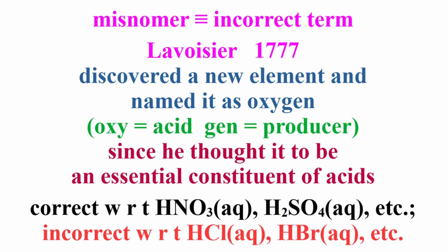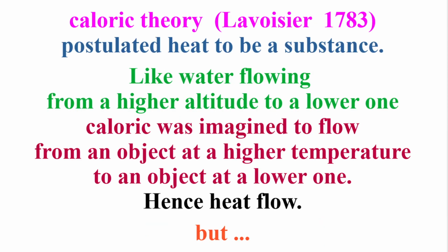Although this is correct with respect to all oxyacids such as nitric acid, sulfuric acid, etc., it is not correct with respect to hydrochloric acid, hydrobromic acid, etc. Therefore, oxygen is a misnomer now. Heat flow and work flow happen to be misnomers also.